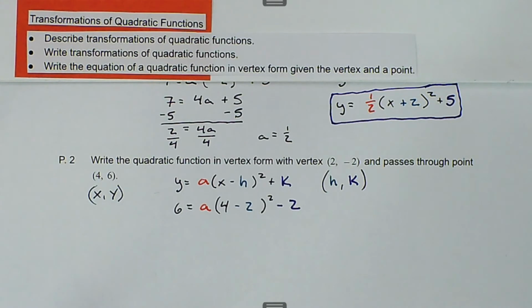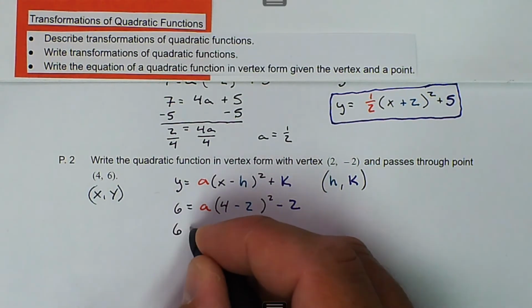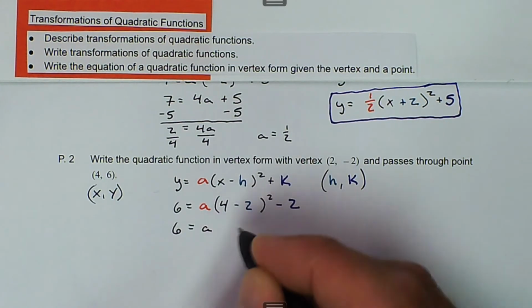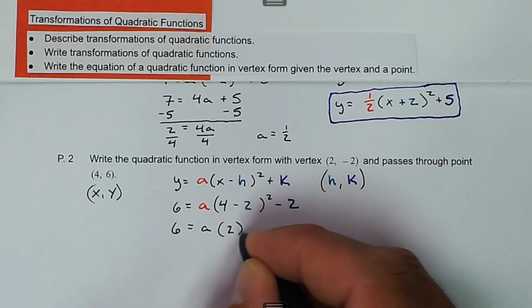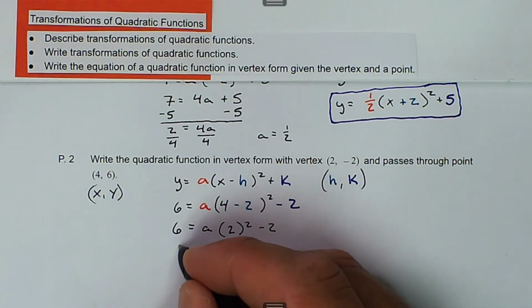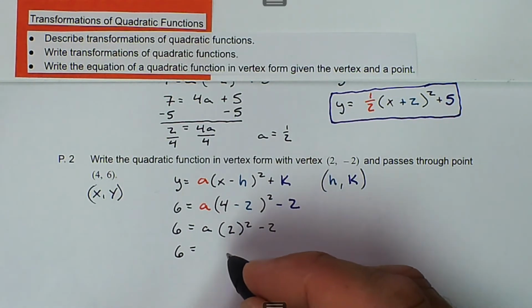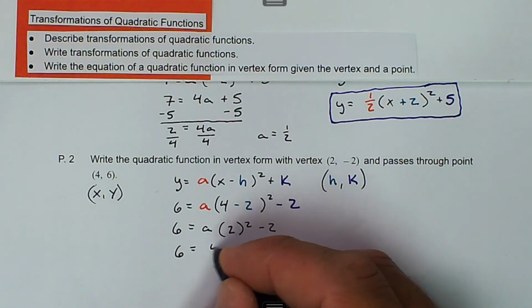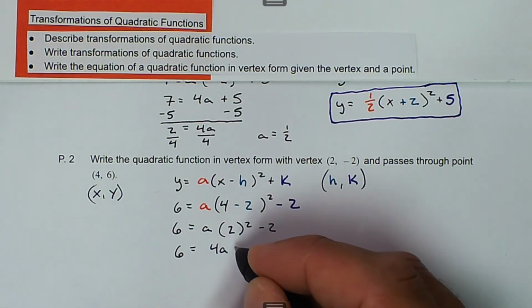So we can go through and solve for this. We get 6 equals a times 2 squared minus 2. 6 equals 4a minus 2.